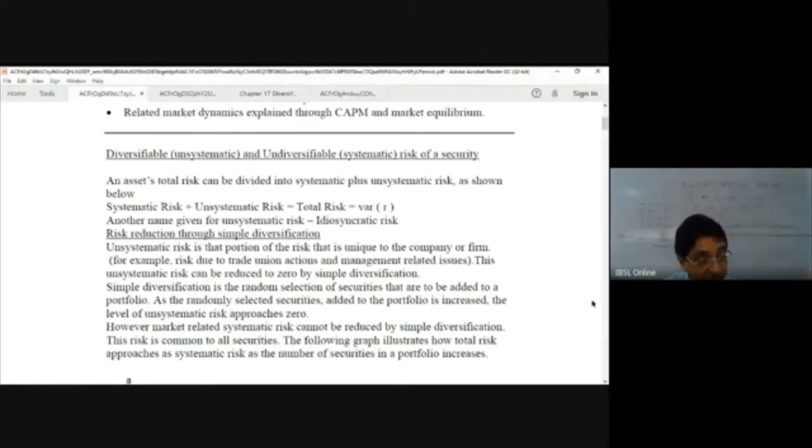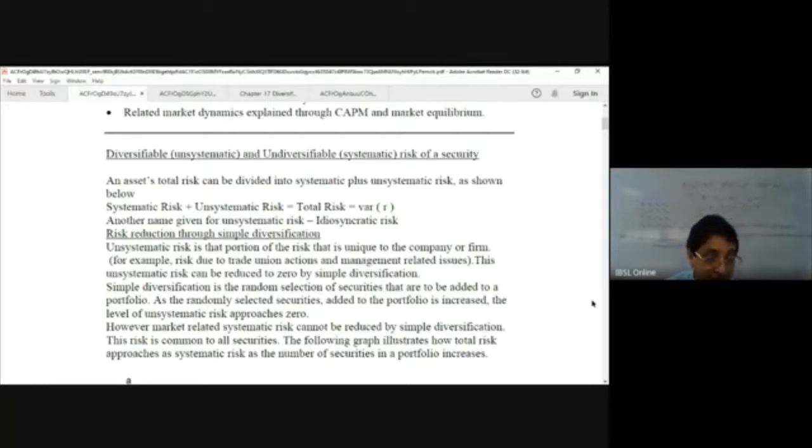Diversification is adding different types of assets into the portfolio. At the beginning, when you add assets one by one to the portfolio, your total risk will become lower and lower. But when you add further assets, there's a particular stage where, even though you add assets, there won't be any reduction in the total risk. So that point you have to note.